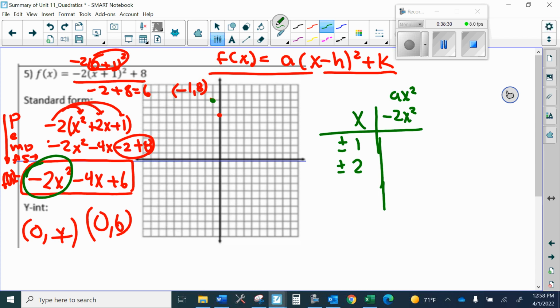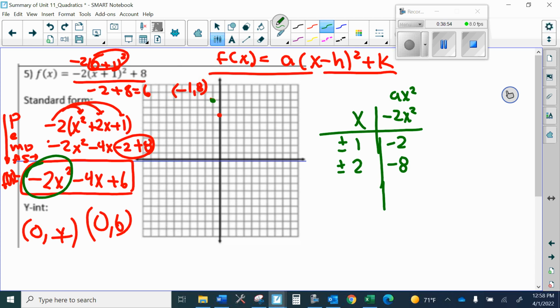Notice I'm putting plus or minus because I'm squaring that x squared. It doesn't matter whether I plug in 1 or negative 1. When I square it, I'm going to get the same number, 1 times negative 2 is negative 2. I plug in plus or minus 2 into the x, and I'm going to get 4 times negative 2 is negative 8. That's why I can put plus or minus 1, plus or minus 2.